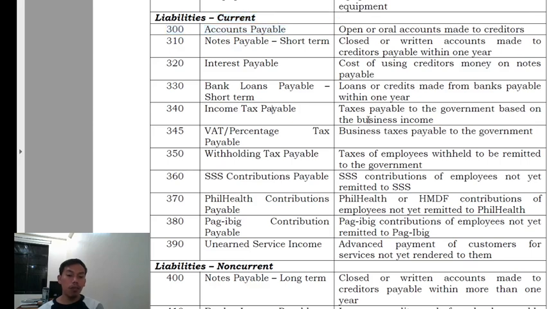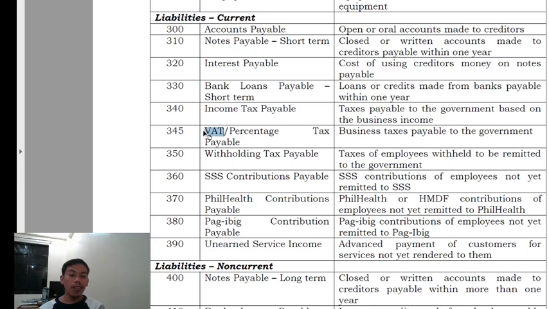Income tax payable, taxes na babayaran natin sa gobyerno dahil kumikita ang business natin. Di income tax payable. Meron din kasi tayong VAT and percentage tax payable. So, yung malalaking companies dito, they are VAT taxpayer sila.